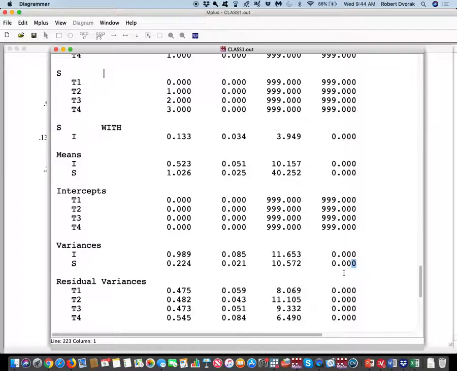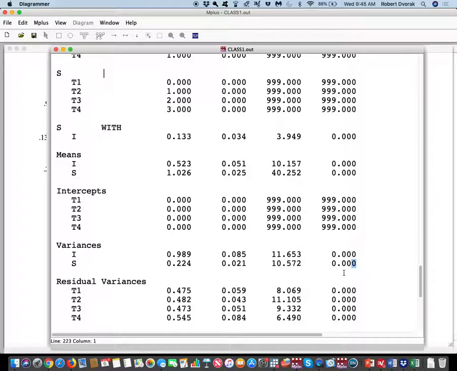In contrast, you might see that everybody starts out at the same spot and everybody changes differently across time, right? Or maybe you see no variability in either. So those are your options: variability in the intercept and none in the slope, variability in the slope and none in the intercept, variability in both, or variability in neither. So that's an important piece of information that you can glean from this.